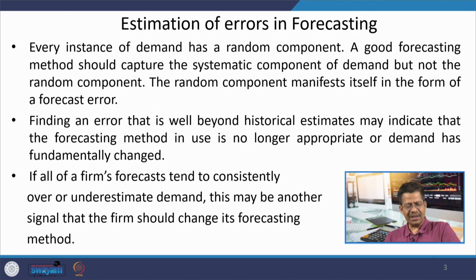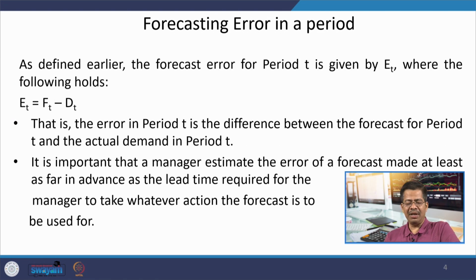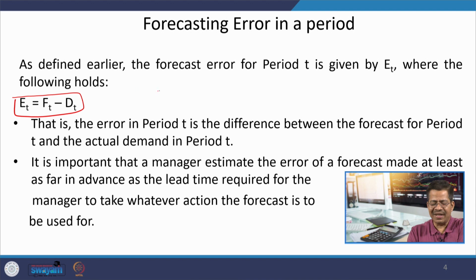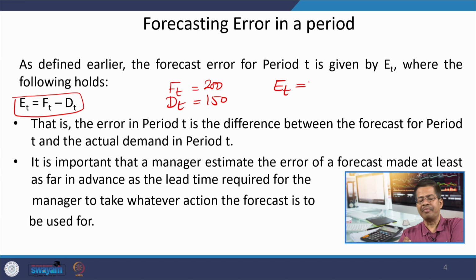As I said, the simple meaning of error is E t equals F t minus D t. You have estimated F t as 200, but the actual demand came to be 150. So, in the simplest way, I will say that the forecasting error is 50 units.